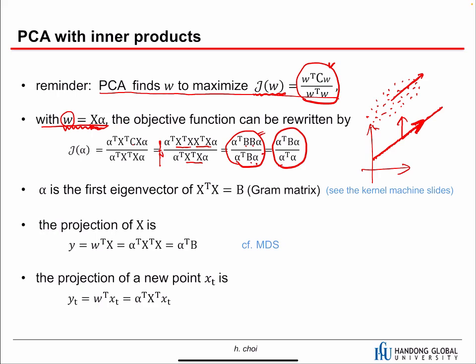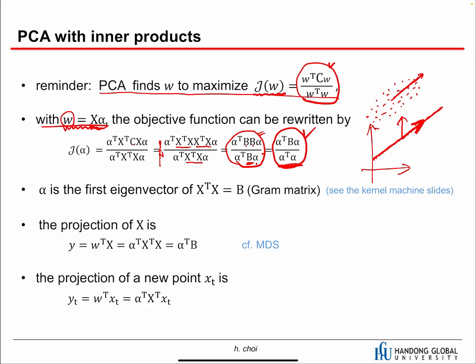Can you remember the Rayleigh quotient? If B is invertible, then we can simplify this one. And we are not interested in eigenvalue 0, so we can simply use this objective function.